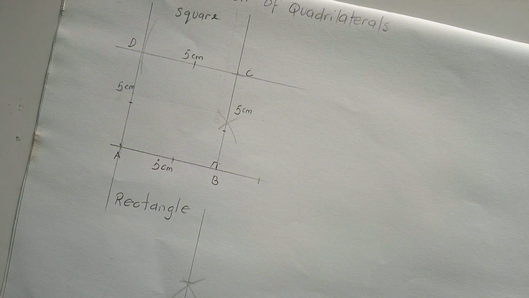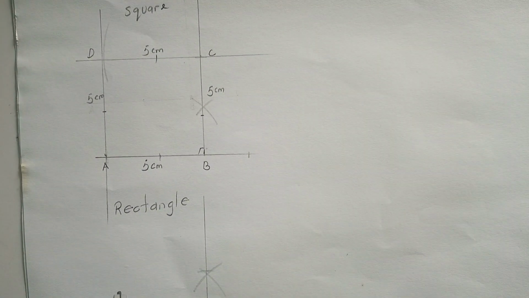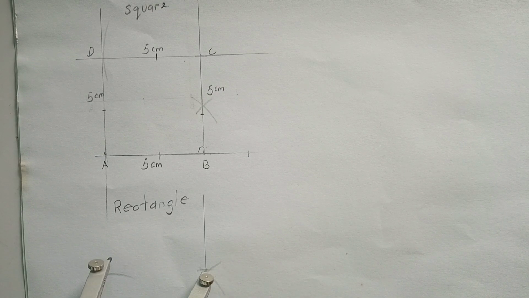We come to this other point A here. We strike 3 centimeters, and then we adjust our pair of compass up to that point. We transfer it to this point where we had our 3, and then we strike an arc there.